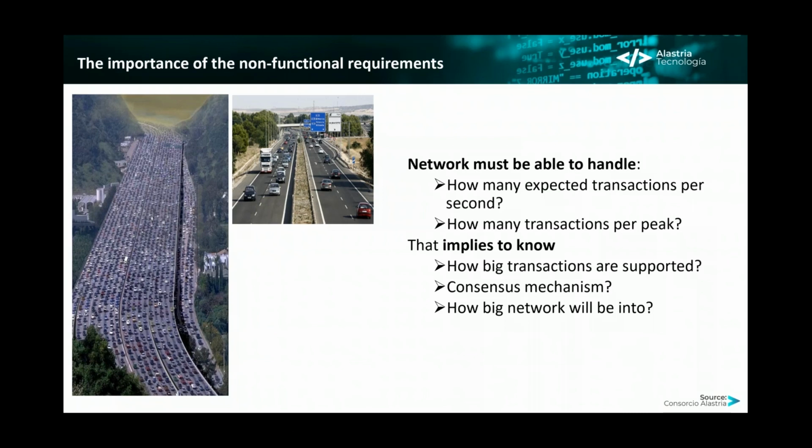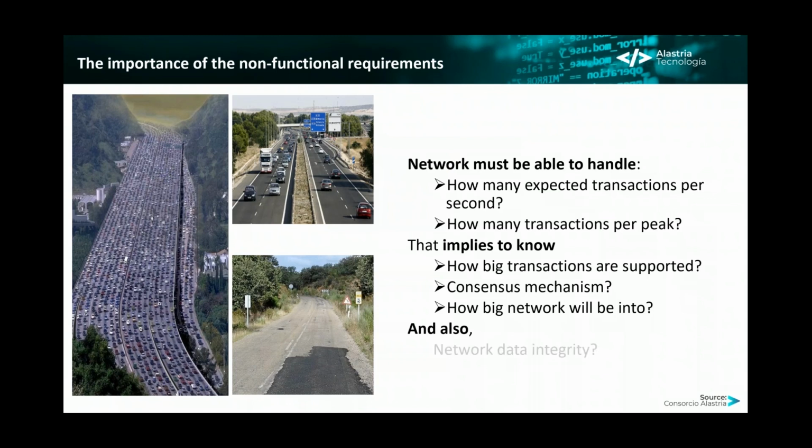We will see later. Then finally, the other two things that you need to keep in mind are the network data integrity and the security and privacy that you require for your use cases.